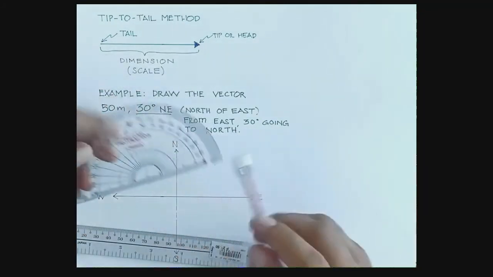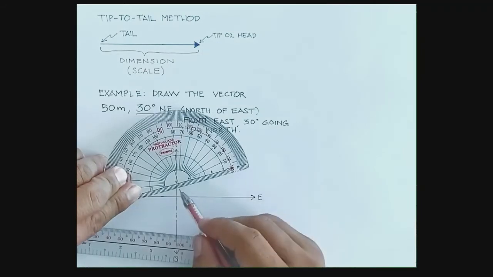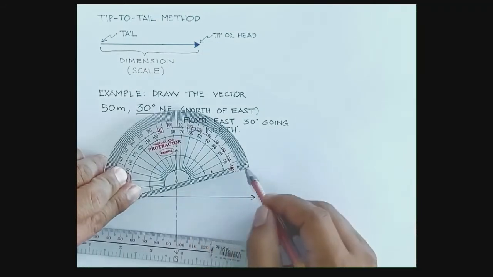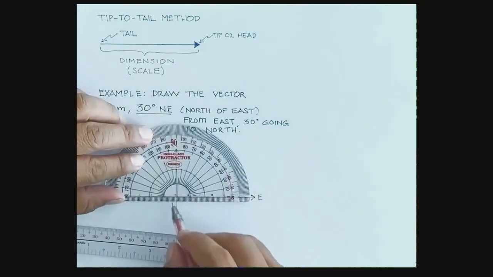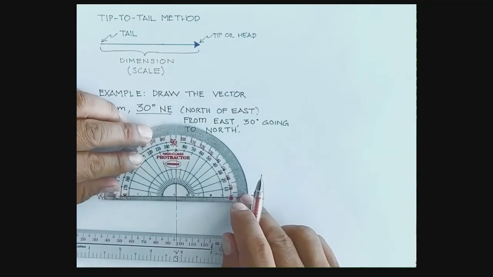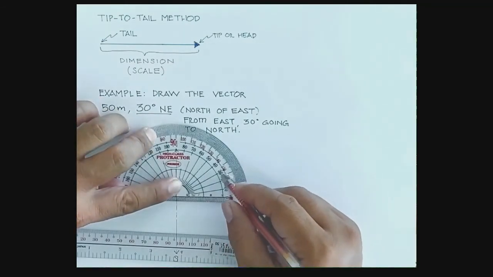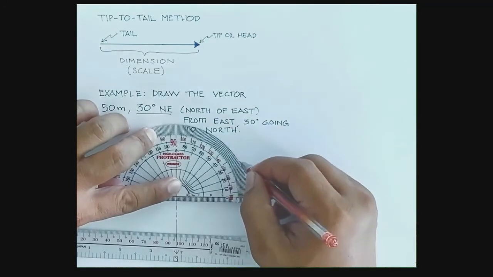In our protractor, you have to make use of the center of the protractor from the edge. That's where you start to locate the angle: 10 degrees, 20, 30 degrees. Let's mark 30 degrees.